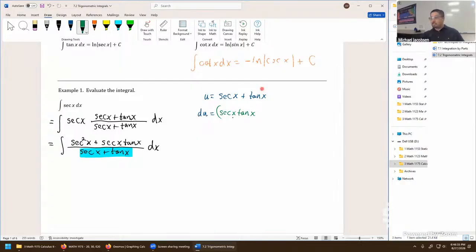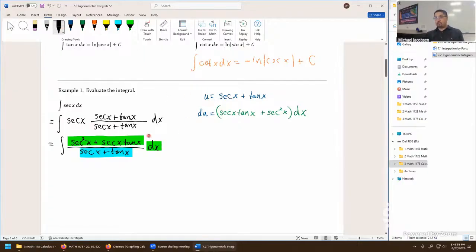The derivative of tangent is secant squared, plus secant squared x, and then dx. And miraculously, that's exactly what we've got in that integrand, right in the numerator. So that entire portion here to here is just 1 du altogether. So the differential is done.